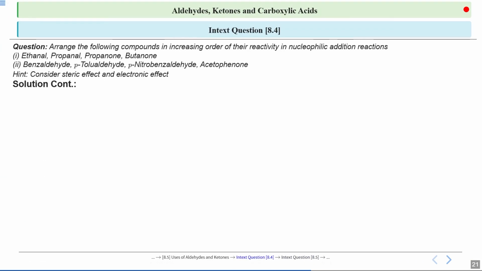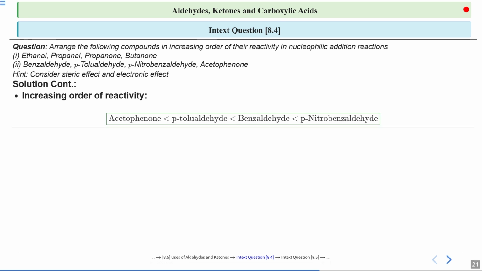Now can you finally arrange the order? The increasing order of reactivity: first is para-nitrobenzaldehyde, which is most reactive. Then benzaldehyde. Then para-tolualdehyde, and last is acetophenone, which is least reactive.